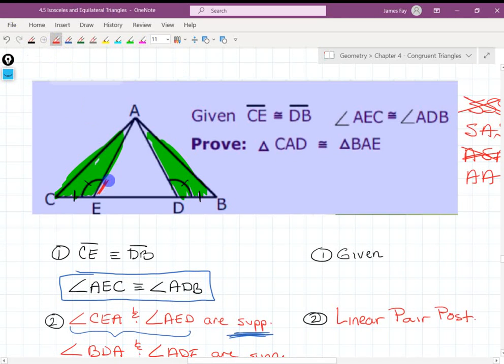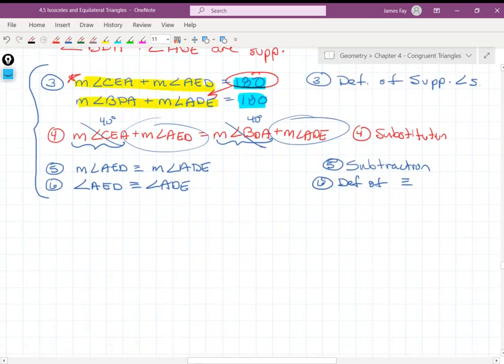Well, AED is that angle there, ADE is that angle there, right? So if I'm looking at just that blue triangle, if these angles are congruent, doesn't that side have to be congruent to that side? That make sense, everybody? So I'm going to say segment AE is congruent to segment AD.